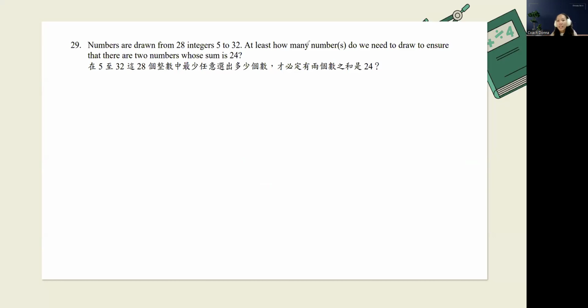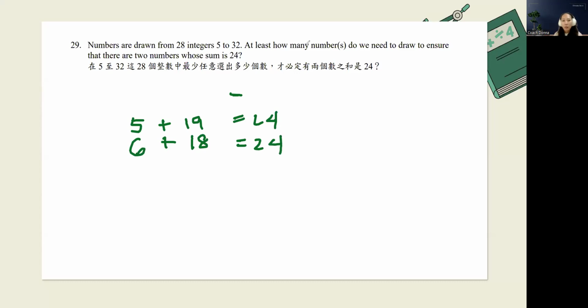So for questions like this, we need to have a sum of 24, right? To have a sum of 24, you can have 5 and 19 as a pair, right? You'll get 24 with that. And then you increase one by 1 and decrease the other by 1. So that's still 24.